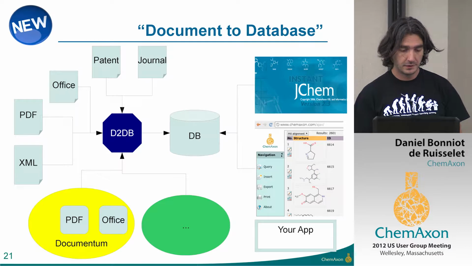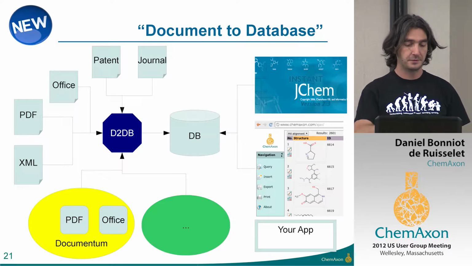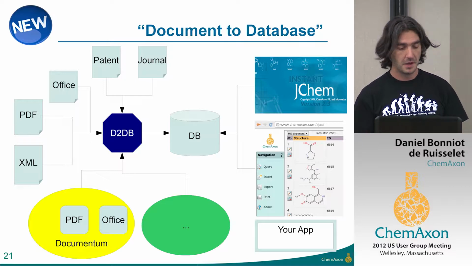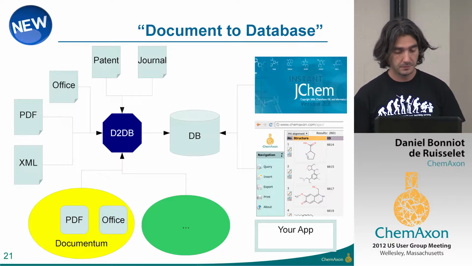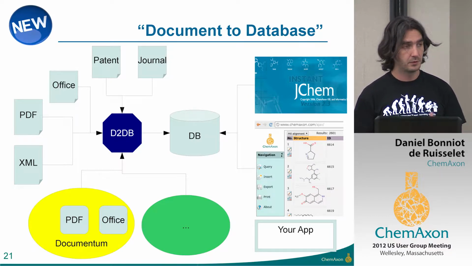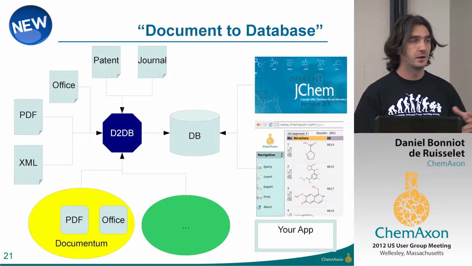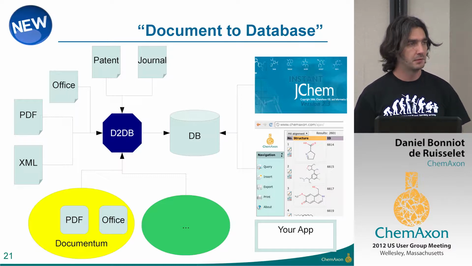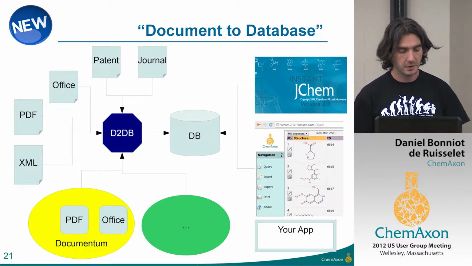So what you can see here is all kinds of source documents like XML, PDF, Office, can be patents, can be journal articles. And what can also happen in an enterprise environment is that those documents are not just on your desktop or in your file system, but they might be, for instance, in a Documentum server, which is hosting these documents and which has, for security, saying who can read what document.